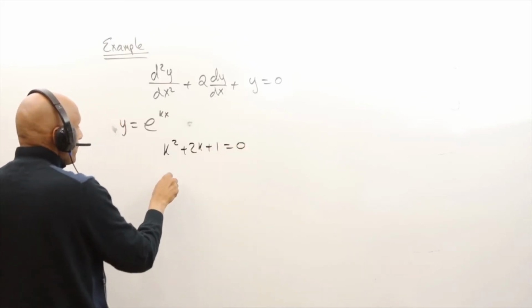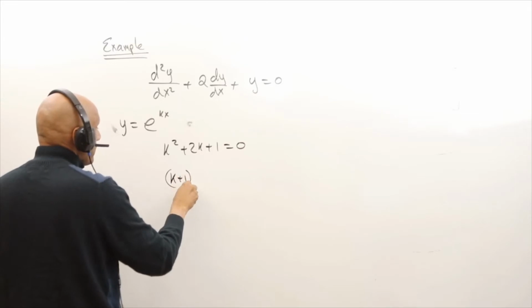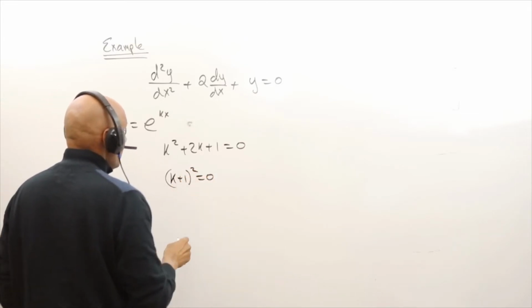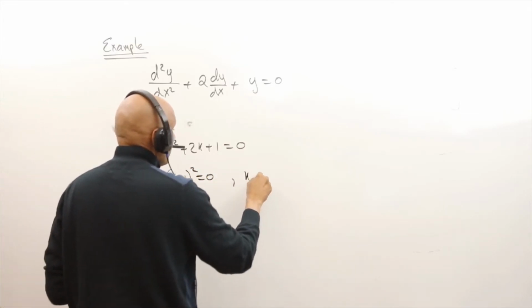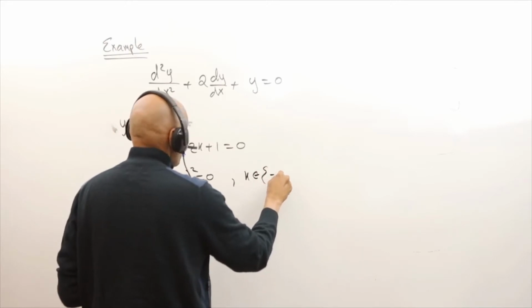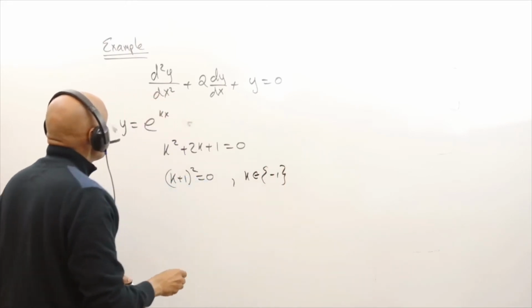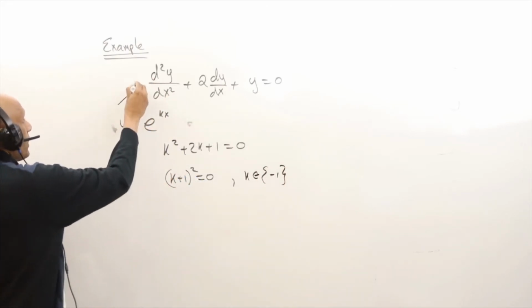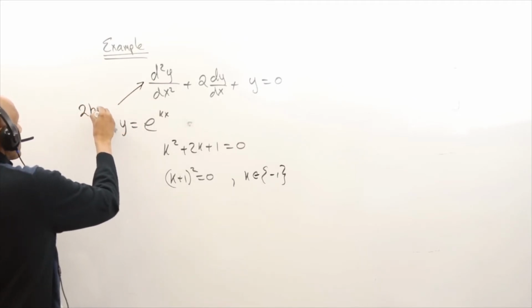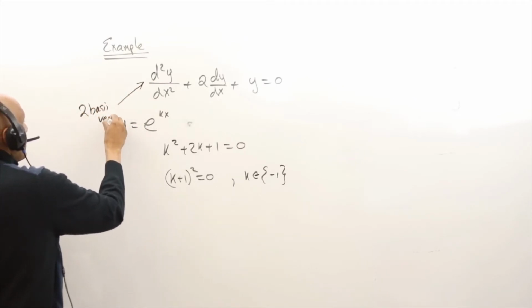When we factorize, we see that k plus 1 squared equals 0. So k is basically the member of the set -1. The problem is that this is a second order differential equation. There are two basis vectors, and I have just found one.